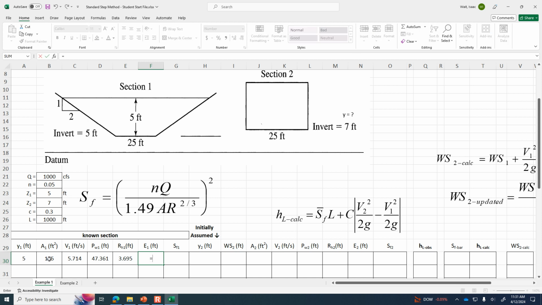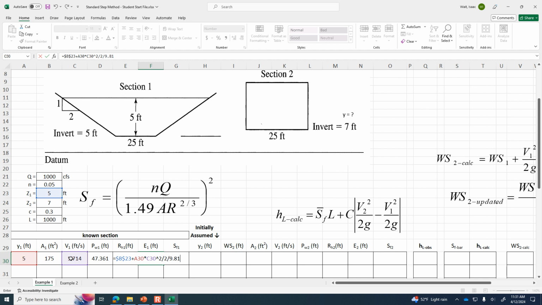So it's equal to Z1, which I'm referencing up in the top here, plus Y1 plus velocity head. So V squared divided by 2G. So I've got V referenced here. So V squared divided by 2 divided by G, 9.81.